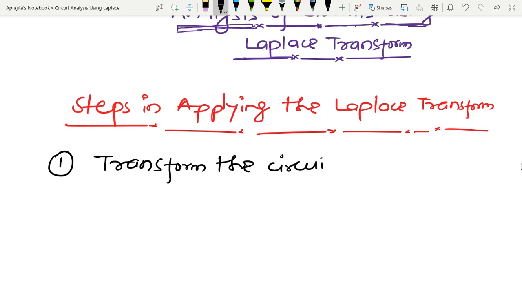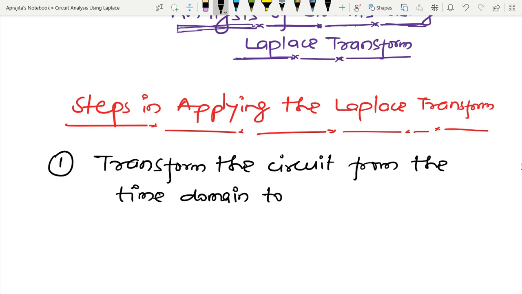So suppose that if a circuit is given, transform the circuit from the time domain, and in time domain we have already seen how to model resistor, capacitor, inductor, current source, and voltage source. So time domain to the S domain, or you can also tell the frequency domain.